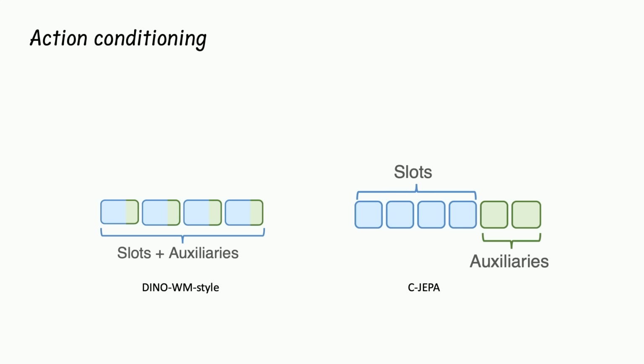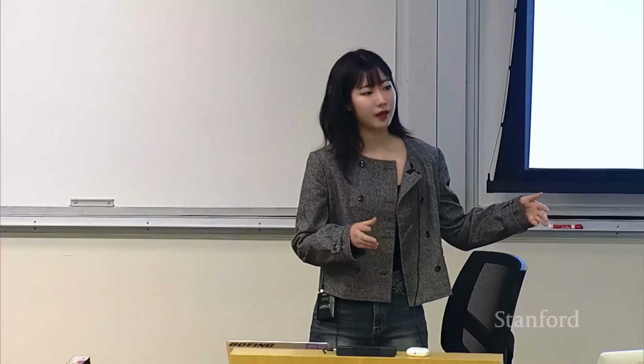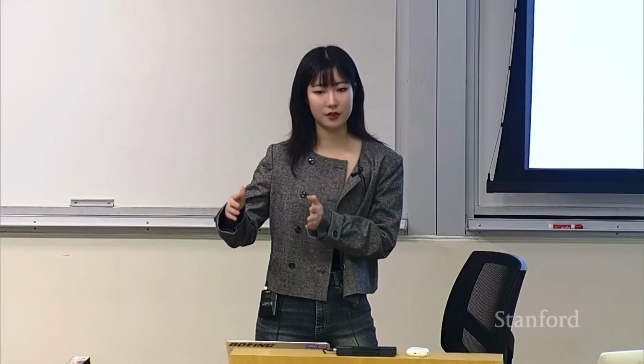The world model should condition on the action properly. What the DINO world model is doing is they concatenate the action embedding behind the patch embedding. For example, DINOv2 small has 384 dimensions of features. Let's say we have a 10-dimensional action embedding.